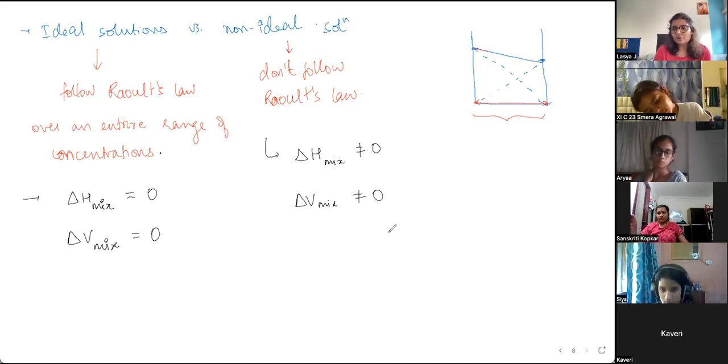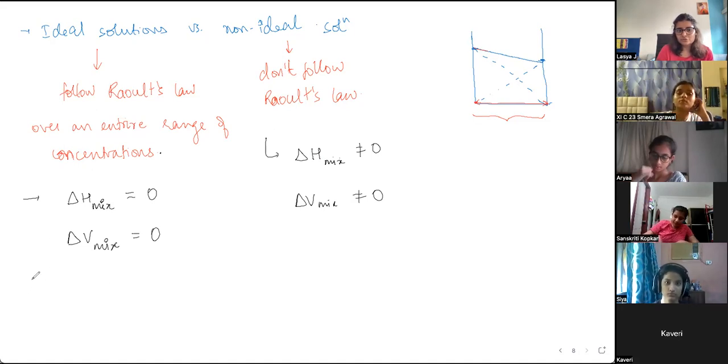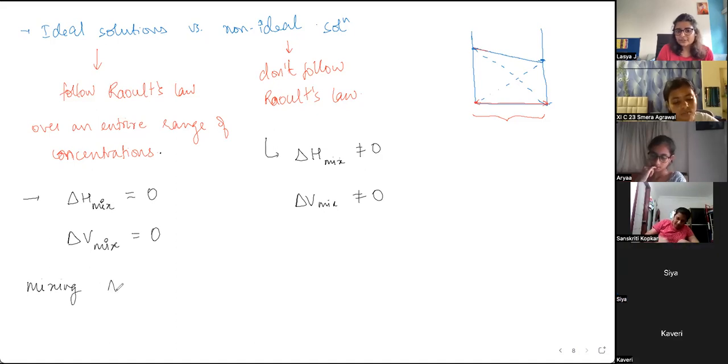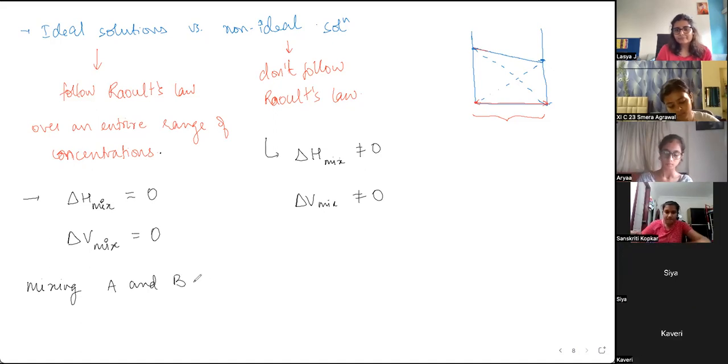Now, why does the volume change? Why do we have non-ideal solutions? How come volume is expanding or contracting? So let's say we are mixing two substances A and B. Okay.